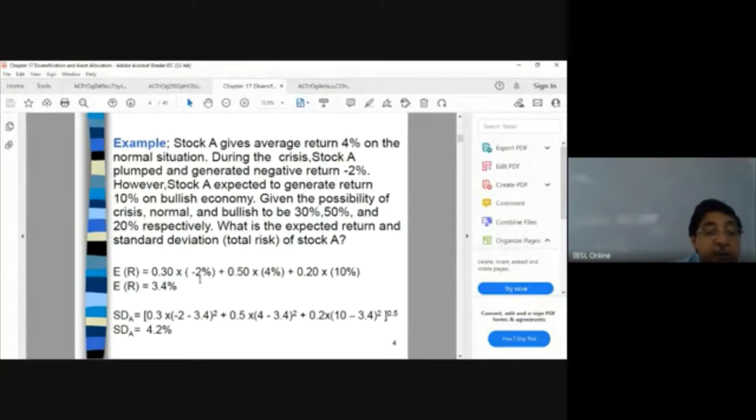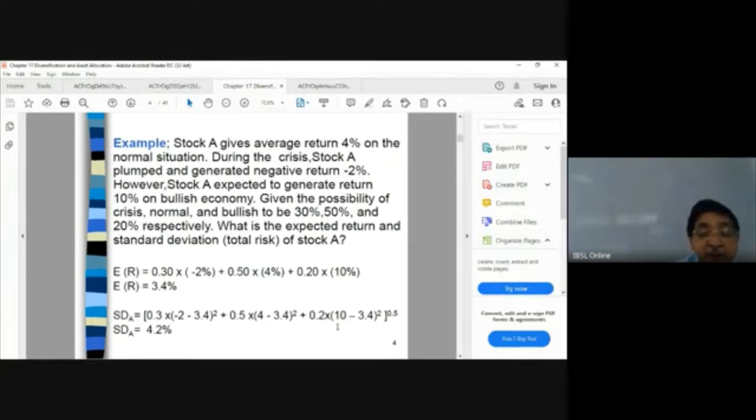When the crisis situation, the return is -2, and we have to deduct 3.4 from that, and that has to be squared. The next economic situation is the normal situation. There the return is 4, and you have to deduct 3.4 from that, and it has to be squared.